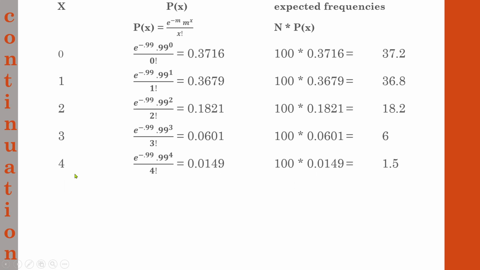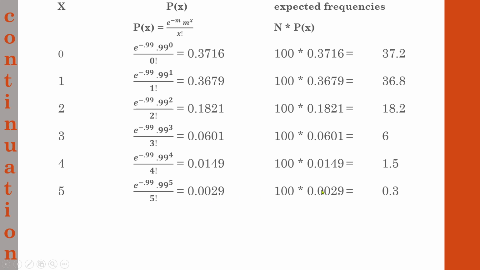And next one, 4, just like the similar step which we have followed previously, 0.99 raised to 4, and here it is 4 factorial, you will get 0.0149. Just multiply that probability with 100, you will get 1.5. Next one, when the value is 5, it can be written as e raised to minus 0.99 into 0.99 raised to 5 divided by 5 factorial, you will get 0.0029.